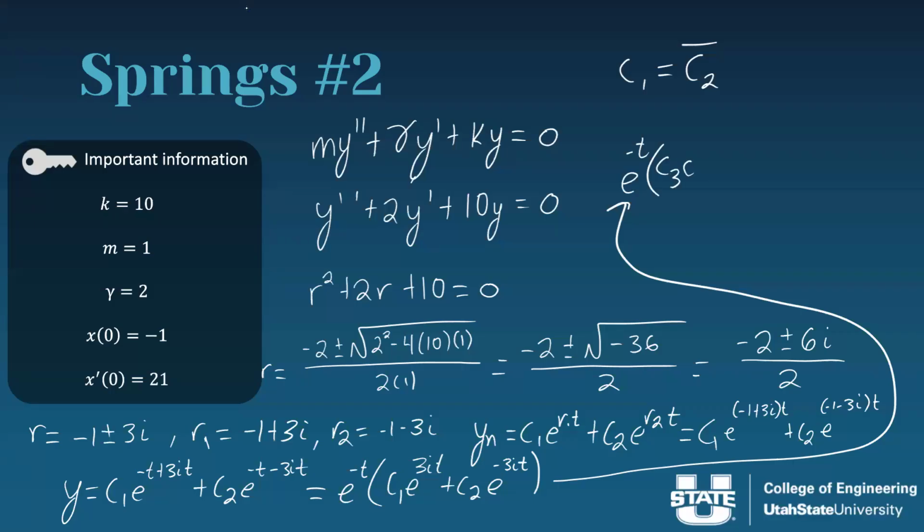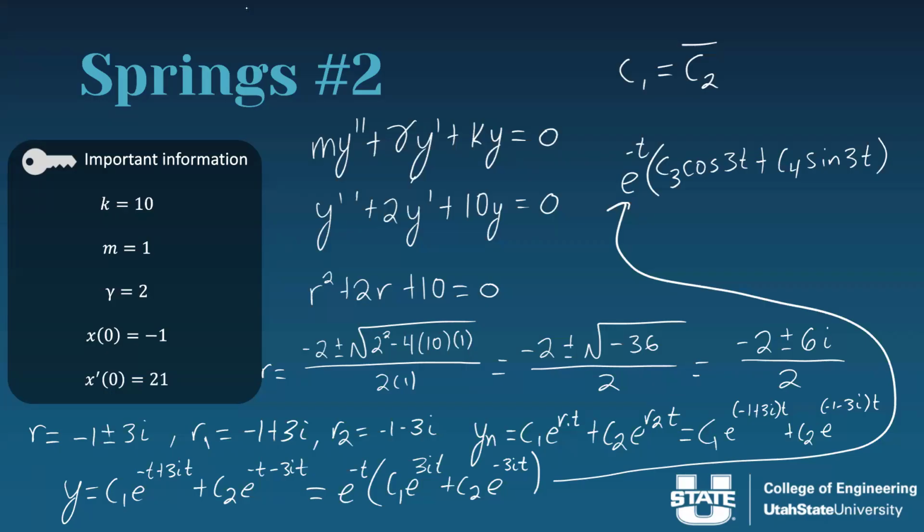And you get a C3 cosine of 3t plus a C4 sine of 3t. We now no longer have any imaginary, so there's nothing to fear. Does that make sense how we made that jump?